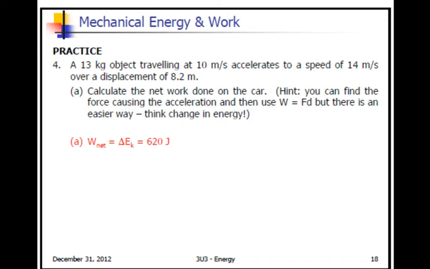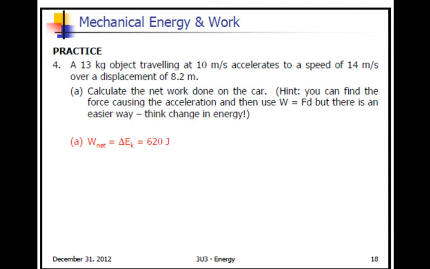We have our displacement, so we can find our acceleration, and then we can use what we learned in Unit 2, F equals ma, to determine what the force applied is. And then we can take our force and multiply it by our displacement of 8.2, and we can solve for the work done. So that was quite a bit of steps. There is a faster way to do this, so I will show you that.